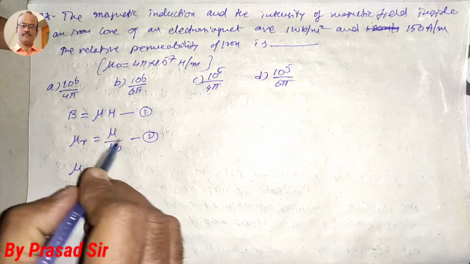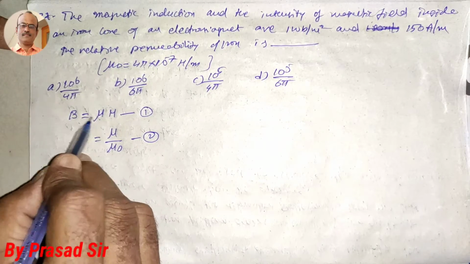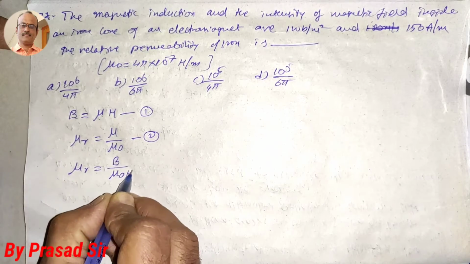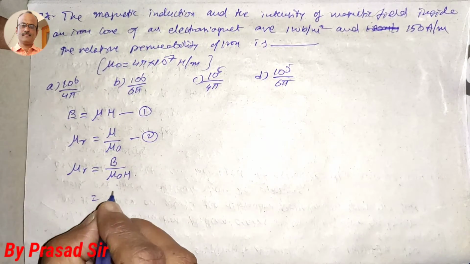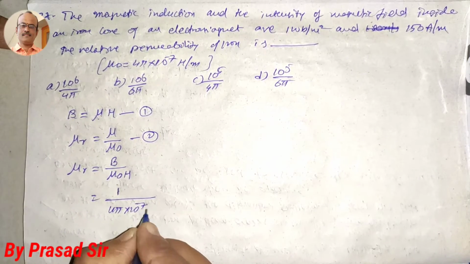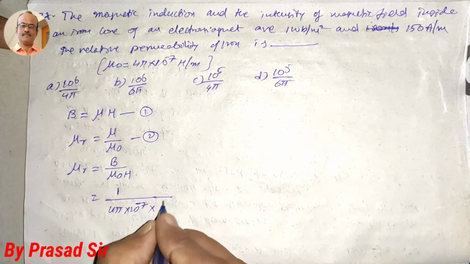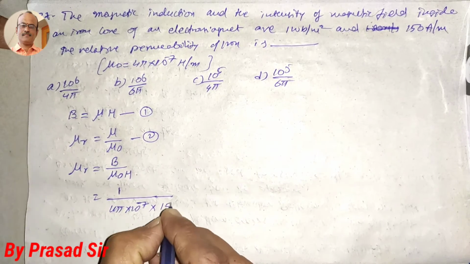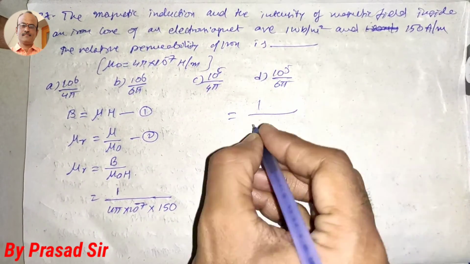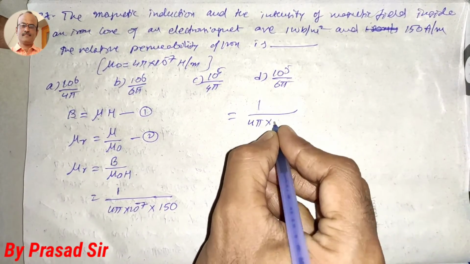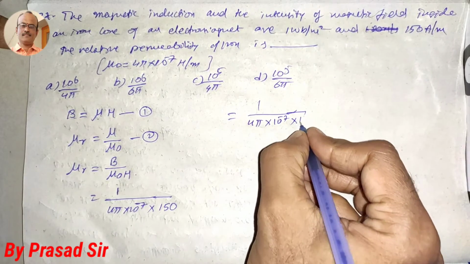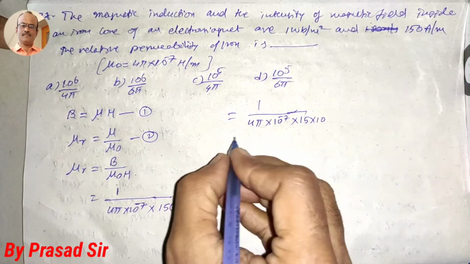From 2 and 1, mu means B by H, so I am substituting B divided by mu naught into H. B we already know is 1, mu naught is 4 pi into 10 to the power of minus 7, and H is 150 ampere by meter. So it is 1 divided by 4 pi into 10 to the power of minus 7 into 150, that is 15 into 10.